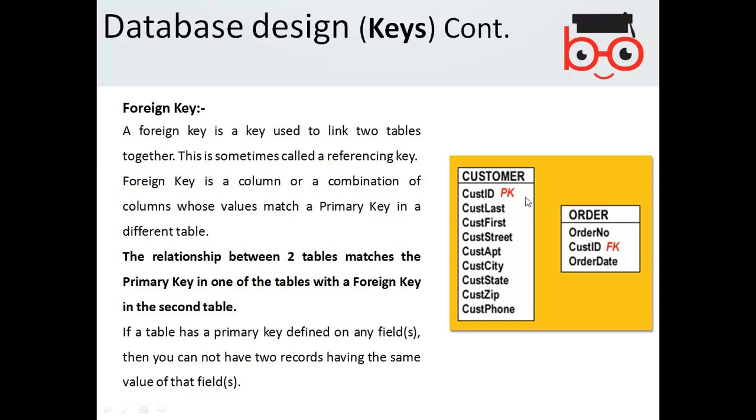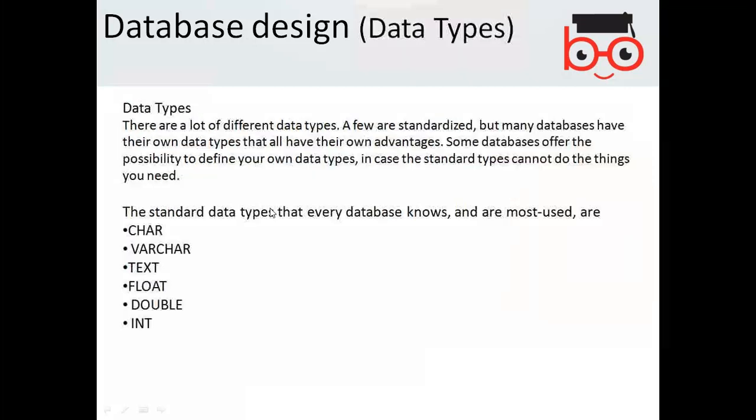This customer ID, when it is in the customer table, is the primary key, and when it is in the other table, it is called the foreign key. So that is the mechanism to create the relationship between the tables in the database.